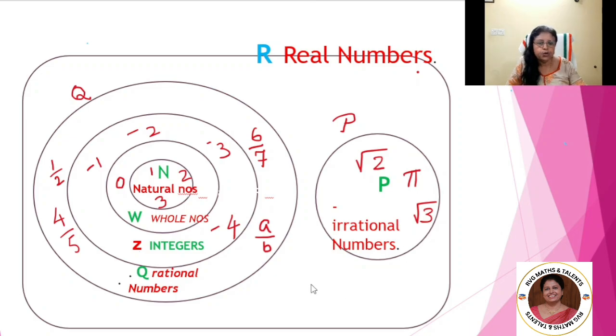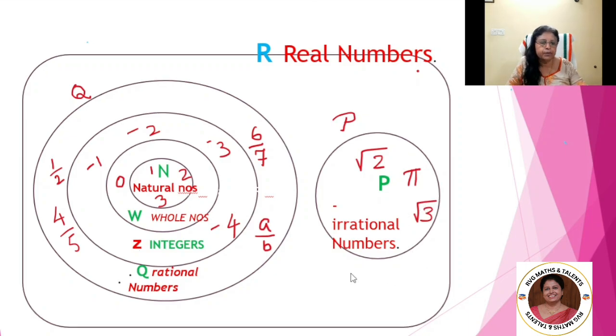So we have studied so far rational numbers and irrational numbers. Both these together form real numbers. So real numbers include rational numbers and irrational numbers.